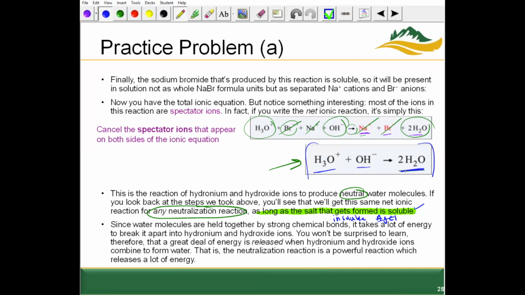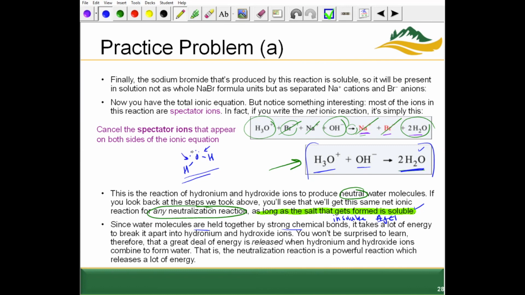Even though water can act as either an acid or a base, we usually see water present in its original form. That's because water is held together by very strong chemical bonds. We'll get into drawing these molecules. This is what water looks like. So these bonds here are strong.